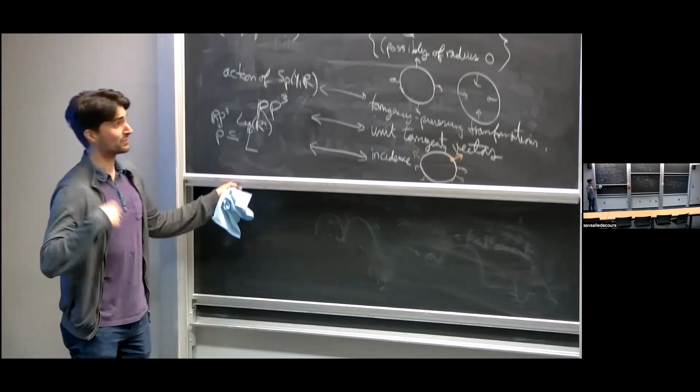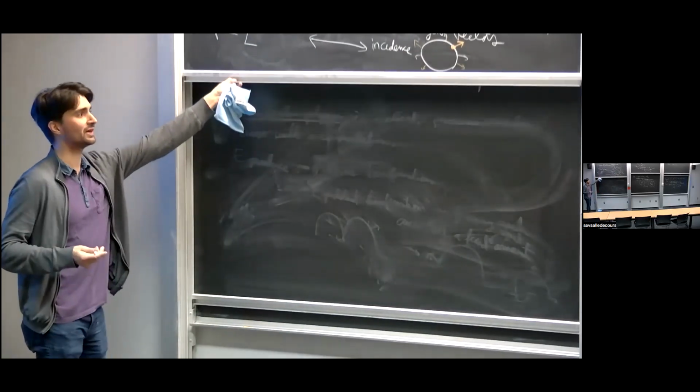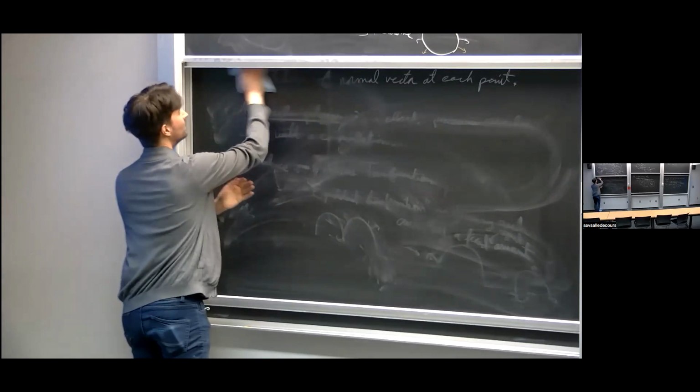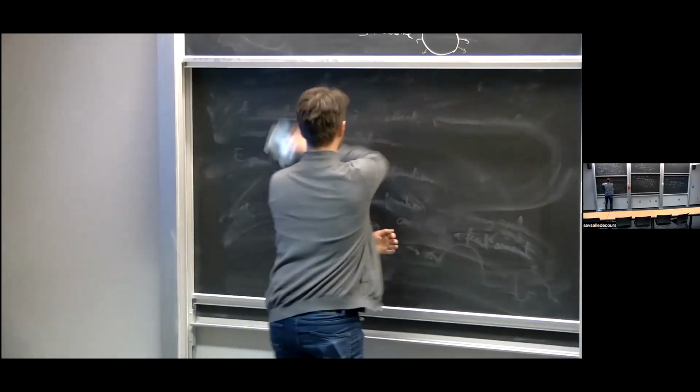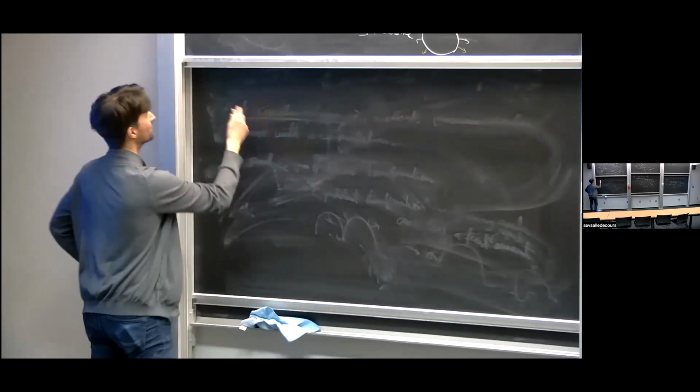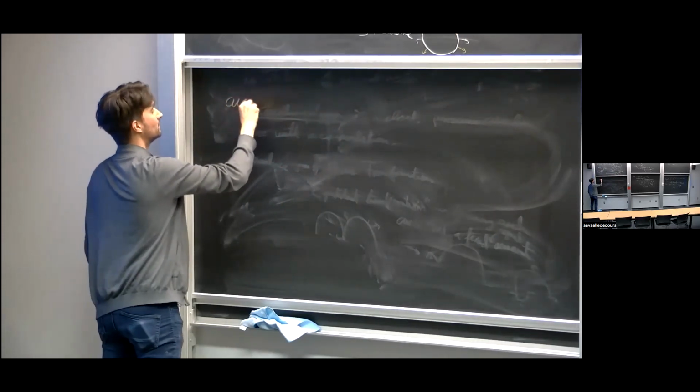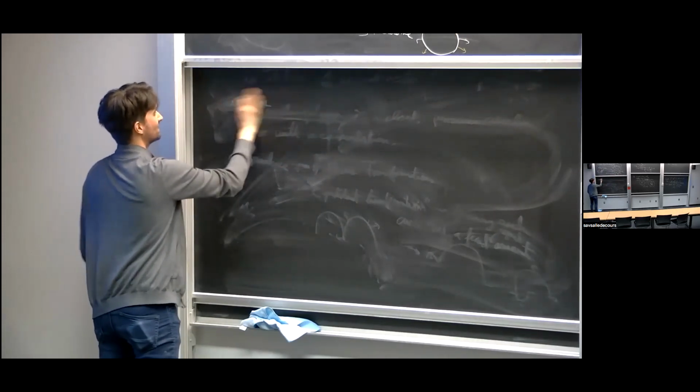So then, what does it mean to have a piecewise circular curve, or a circular polygon? That's also on this side.